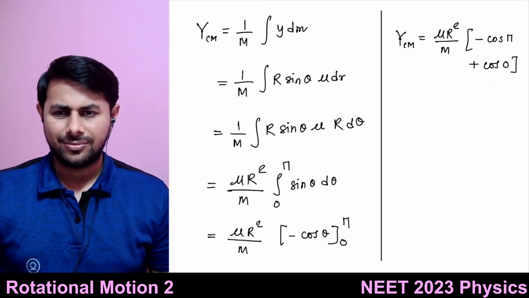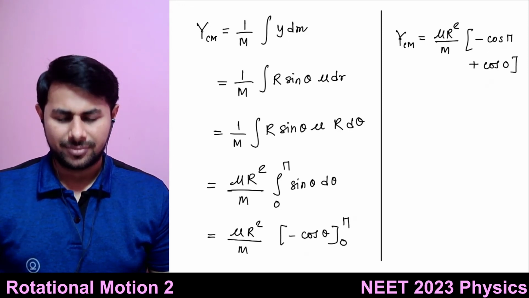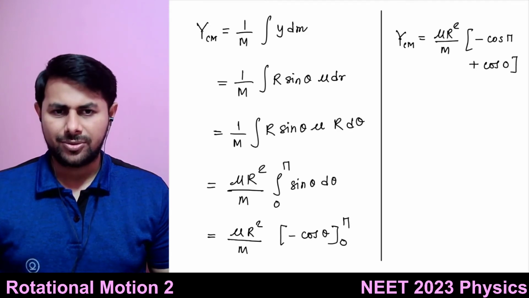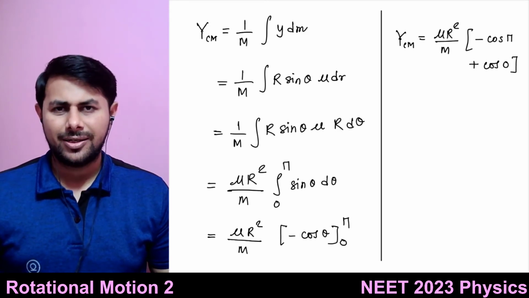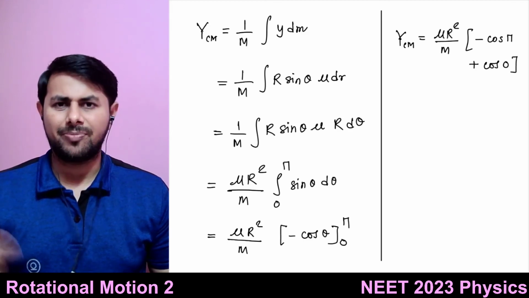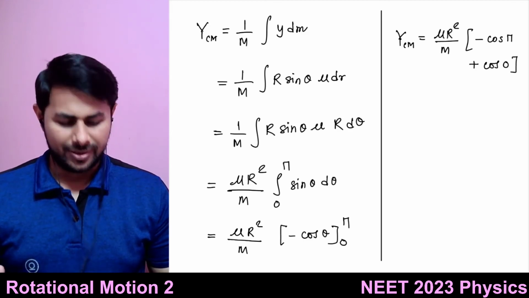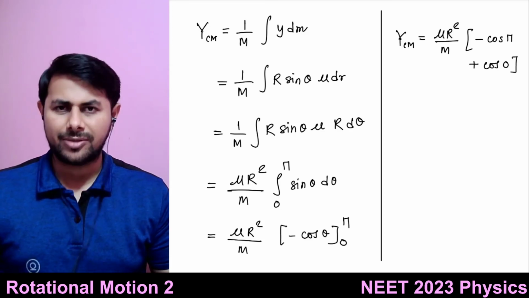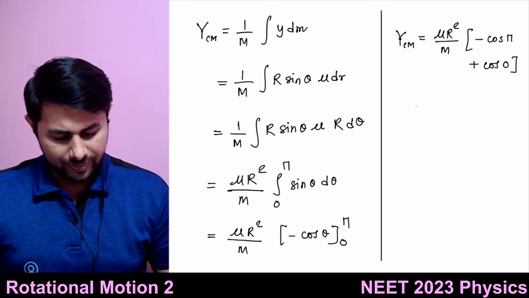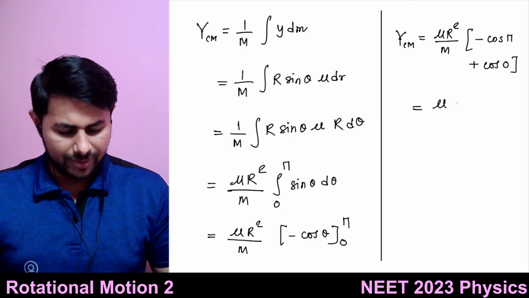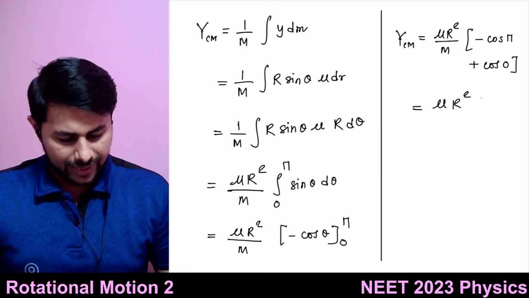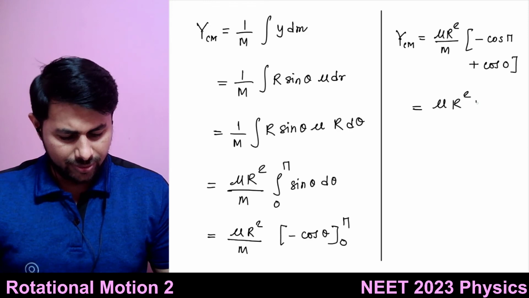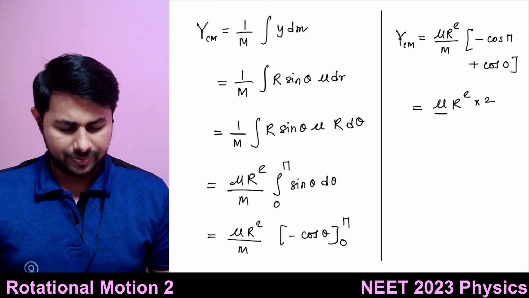Cos pi is minus 1, so minus of minus 1 is 1, and cos 0 is also 1. So it is 1 plus 1, which is 2. So it is mu r square times 2 divided by m.